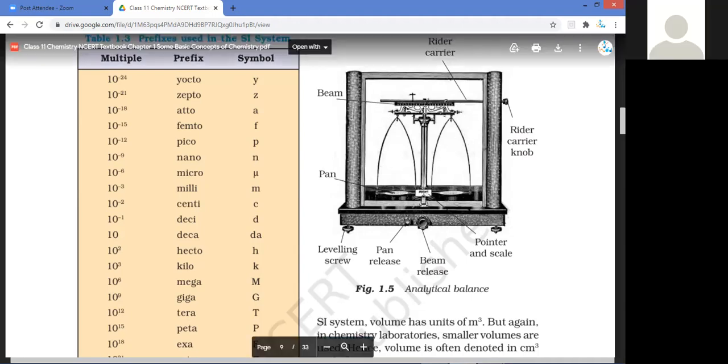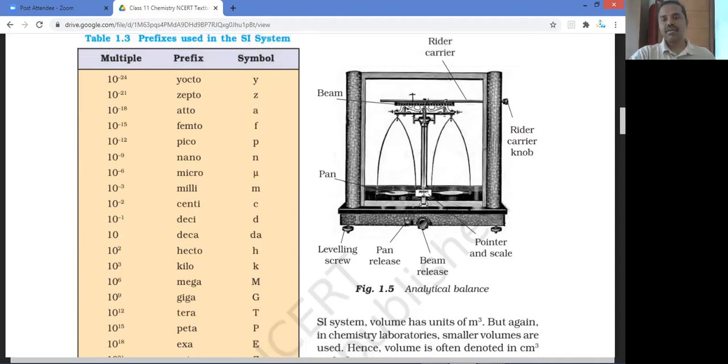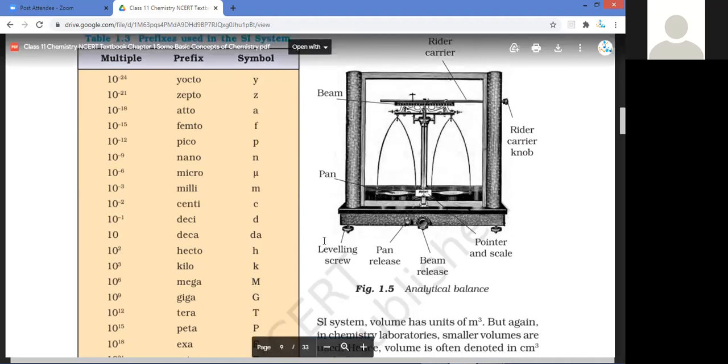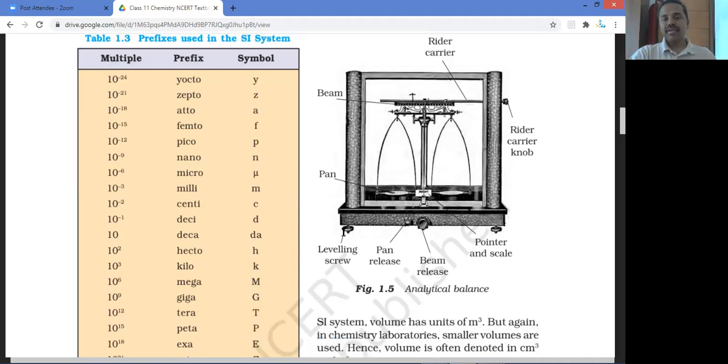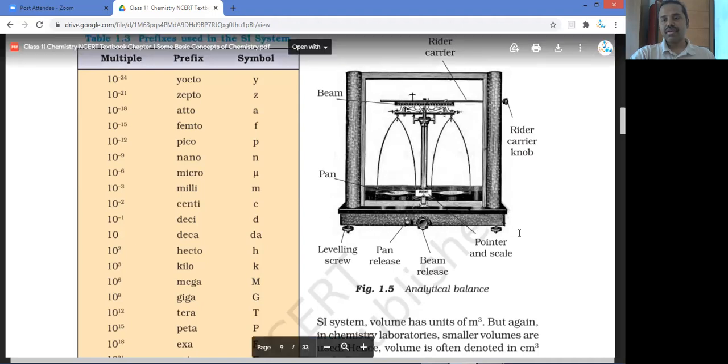When you put it on a table, depending on the shape or elevation of the floor, due to its imperfections, you will have to adjust the leveling screws. How many leveling screws do you think this balance has?